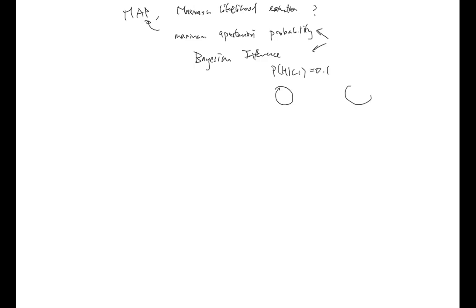I have coin 2 here, probability of heads given C2 equal to 0.5. So this is a fair coin, it's unbiased. The other two coins are loaded. Do you call it loaded, or biased? Coin 3 will have the probability of heads higher than the probability of tails. It's much more biased to heads.